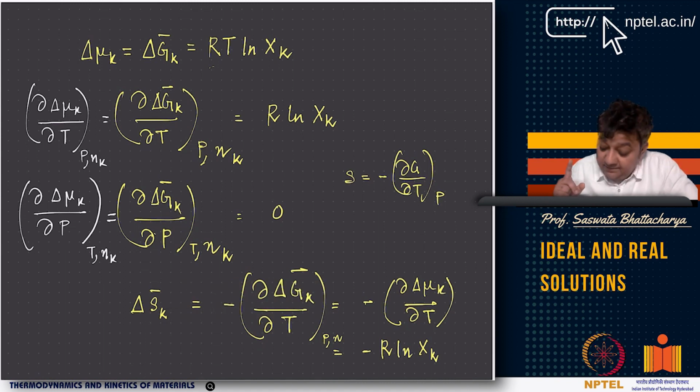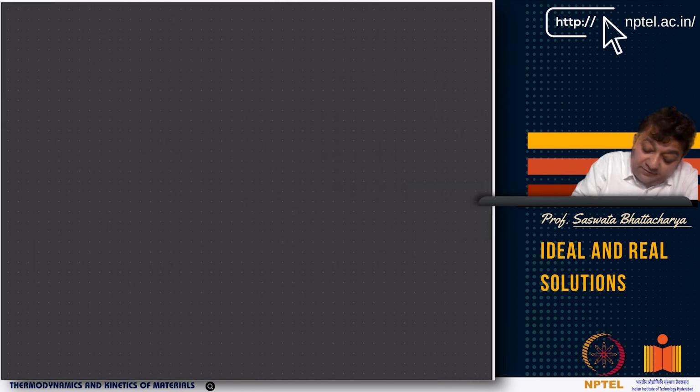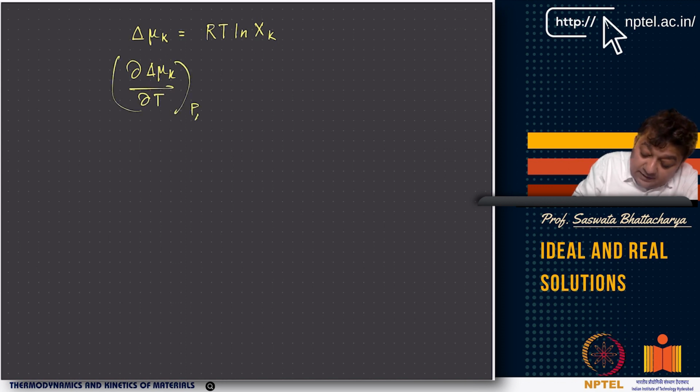Okay. This is actually quite interesting, because xk is the mole fraction. What did we get? We got delta mu k equals RT ln xk, and del delta mu k del T at constant pressure and Nk equals R ln xk.